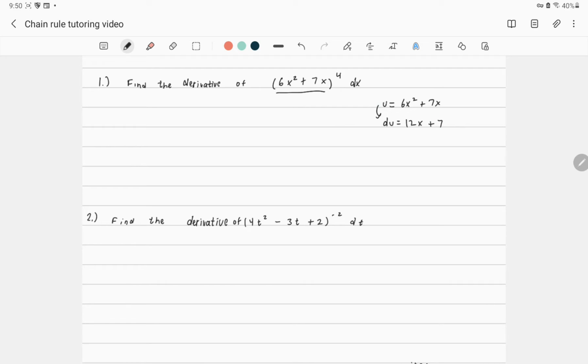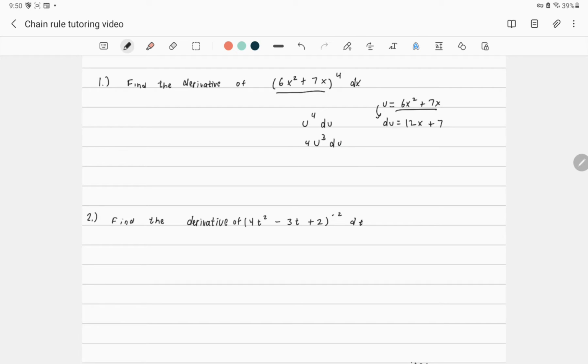Then you want to plug in the u where the parentheses is, where you took out this equation here. So u to the fourth du is what you're going to be looking at. So now you're going to take the derivative of this, and this is pretty simple now. It's just the basic power rule. So you do 4u cubed du.